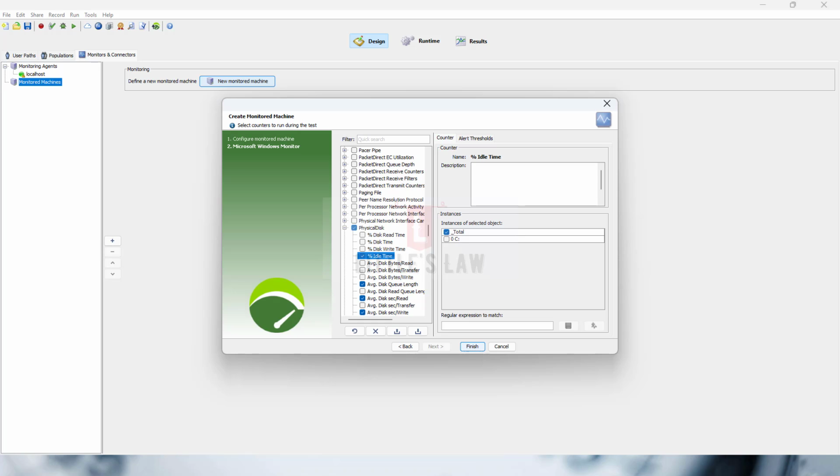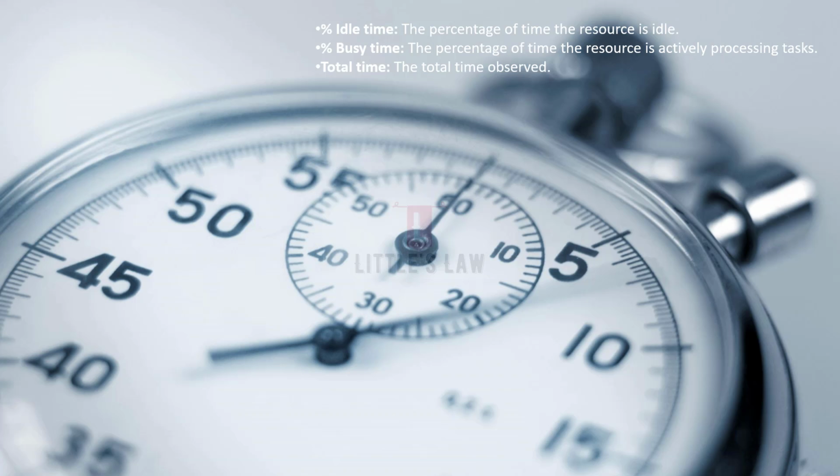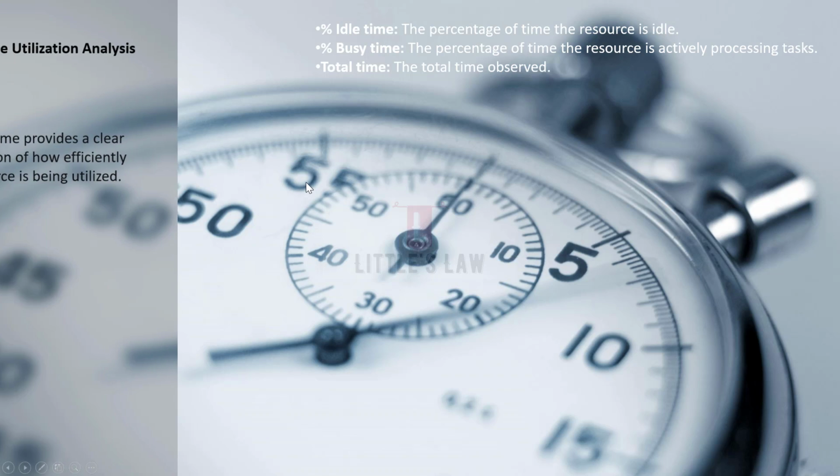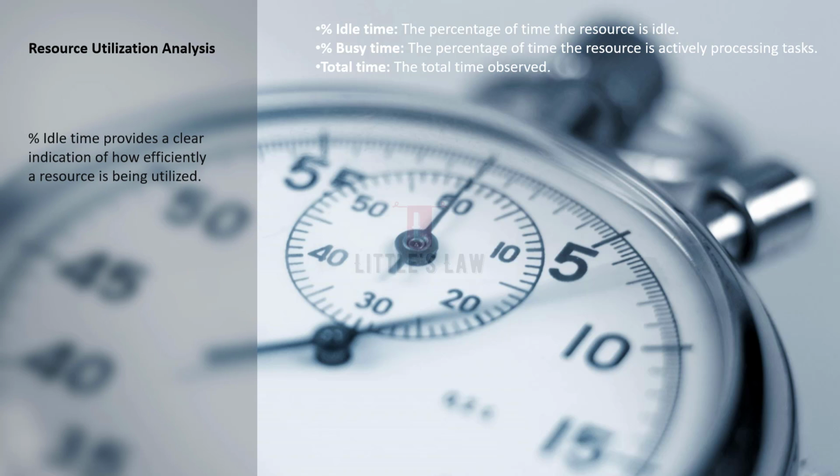Now we will see what are all the advantages, and before that I will show you what a percentage idle time is. The percentage idle time is the percentage of time the resource is idle. The percentage busy time is the percentage of time the resource is actively processing tasks, and the total time is the total time we observe. The very first reason why we have to monitor the percentage idle time is resource utilization analysis.